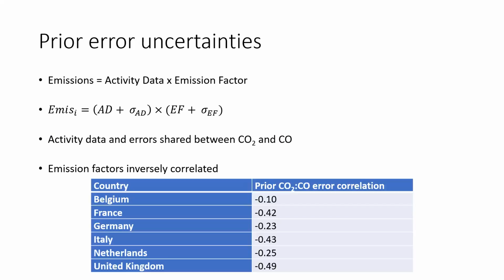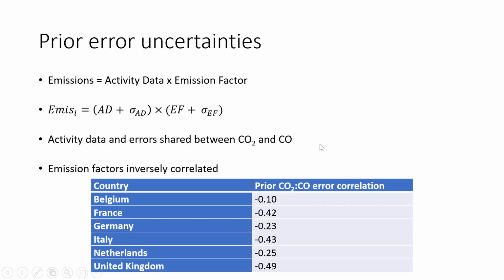And so if we use these and run those through, using error statistics that have come from the TNO group, who have provided some really detailed analysis of the errors within the European inventory submissions, we can run these through a Markov chain Monte Carlo approach and estimate the correlations between the errors for different countries.